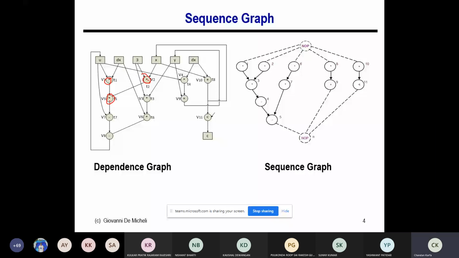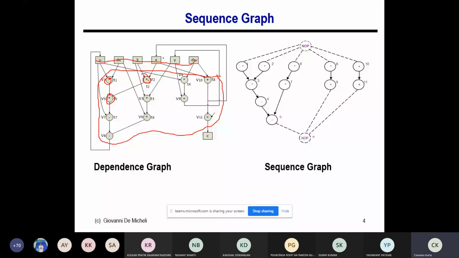So now the question here is, at the inputs there are many inputs, right? So there are many variables. We may not need all those detailed information for our scheduling, right? Because in scheduling, what is important? The operations. These operations are important for us. We don't need these inputs and outputs. To make the graph simple, in the sequence graph, we do not need to understand how many inputs are there, what the inputs are.